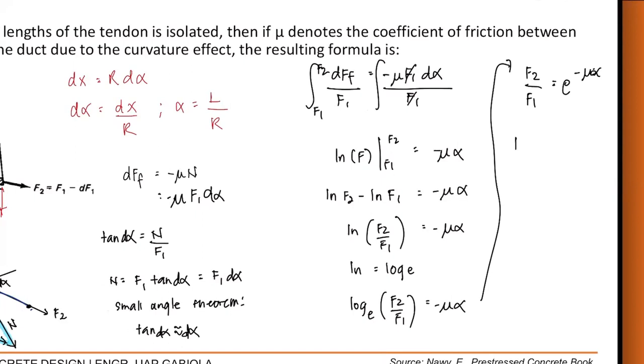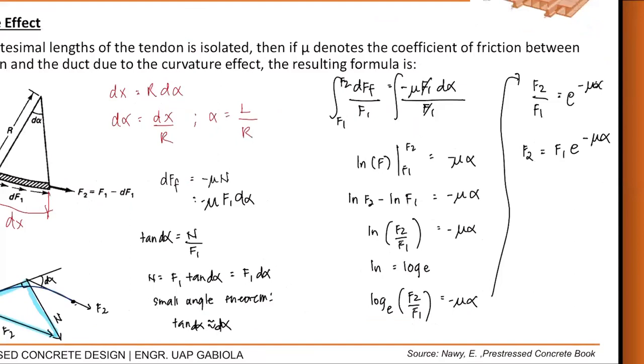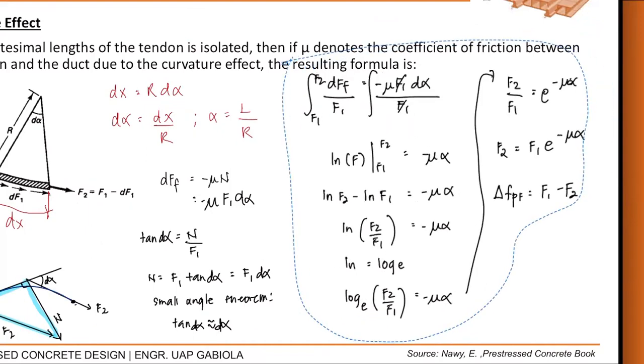So, ang F2 natin o yung force natin na kasunod is equivalent to F1 times e raised to negative mu alpha. Okay? And kung hanapin natin si change in friction, yung nabawas natin, so friction loss natin ngayon due to friction is equals to F1 minus F2.